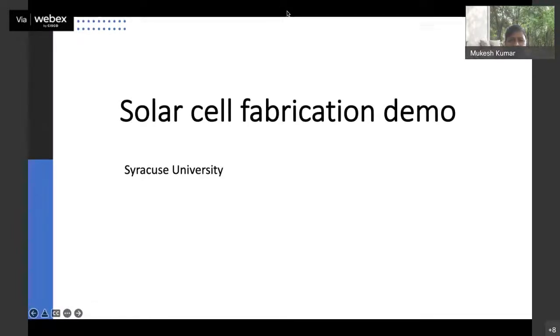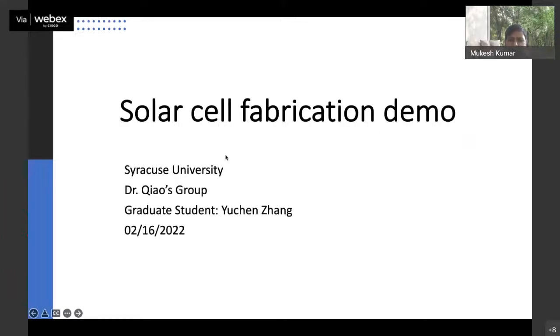These electron-hole pairs need to be separated at the hole selective layer or hole transport layer and the electron transport layer. Perovskite is a unique material that is neither p-type nor n-type, it's intrinsic. So you need a very good interface chemistry between the perovskite and these selective layers, the electron and hole transport layers. That totally decides the efficiency of the final device.